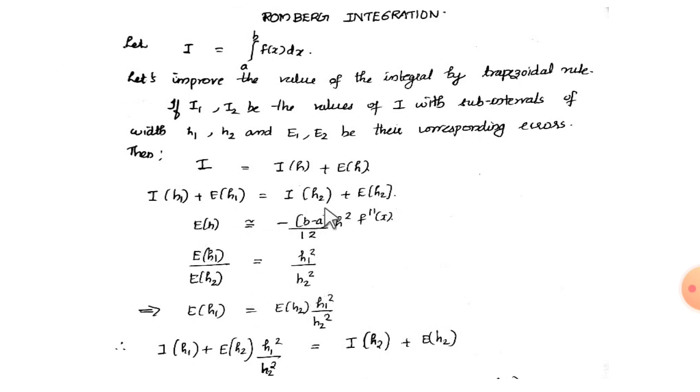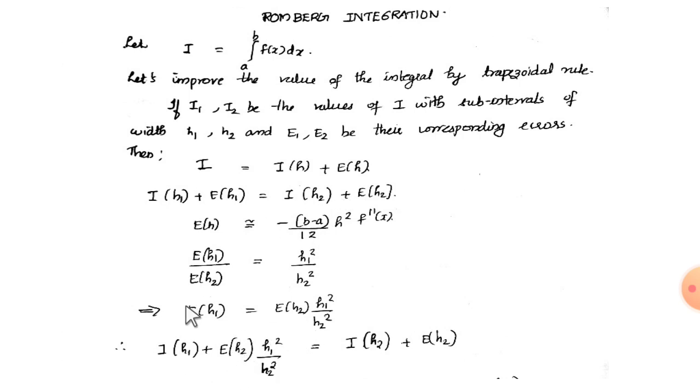So here e of h equal to minus (b minus a) by 12 h square f double dash of x. This is an error formula. By taking the ratio, you will get it like this. Now e of h1 equal to e of h2 into h1 square by h2 square.